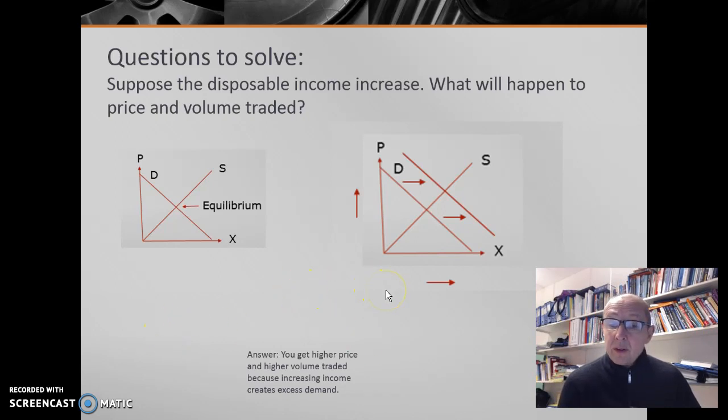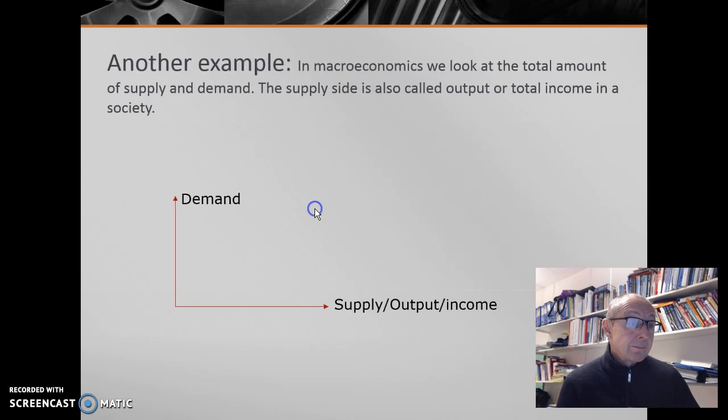Let's move on then to another example we use in macroeconomics. In macroeconomics, we look at the total amount of supply and demand. The supply side is also called output or total income in a society. As you see here, demand and supply, or output, or income, it's also called.